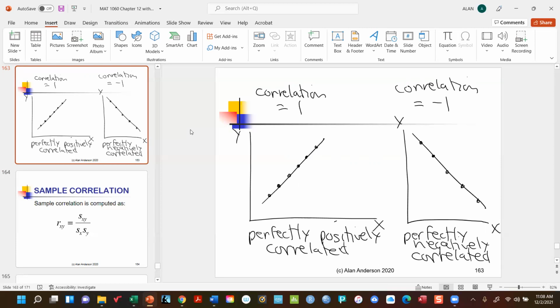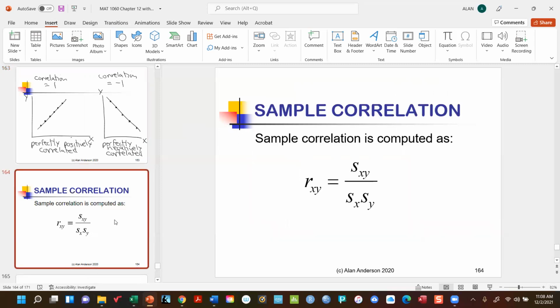Now, how do we derive the correlation from the covariance? Okay, let's see what this looks like for the sample correlation first. And you'll see that it's just a function of other things we've already seen. Oh, look at this. So by the way, this R is often called the correlation coefficient. And since it's based on a sample, it's specifically the sample correlation coefficient.